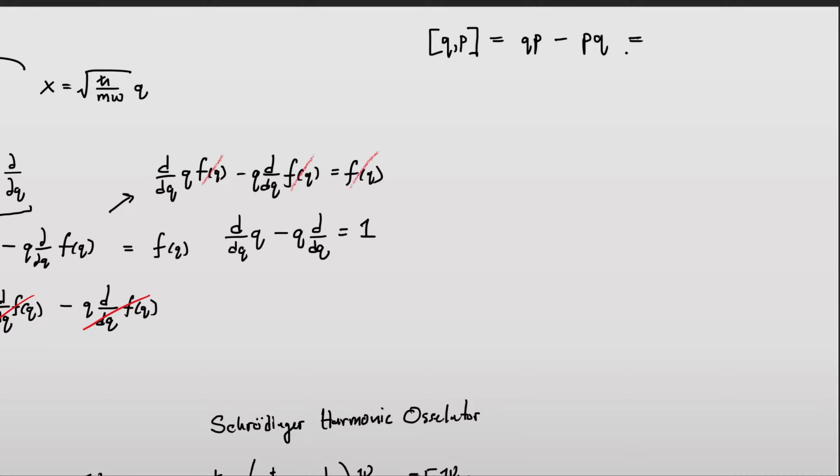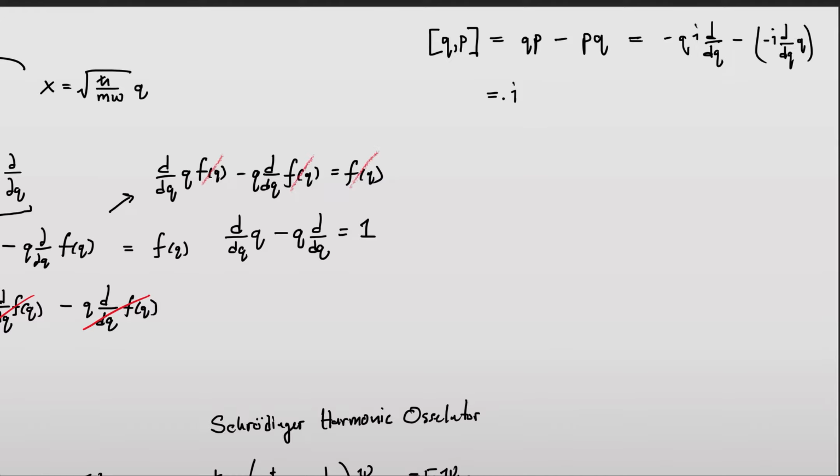And if we take P and put it in terms of Q, this is going to be Q times negative I d/dQ, and then minus negative I d/dQ times Q. This is what it is just in terms of Q. And we could take a negative I out.